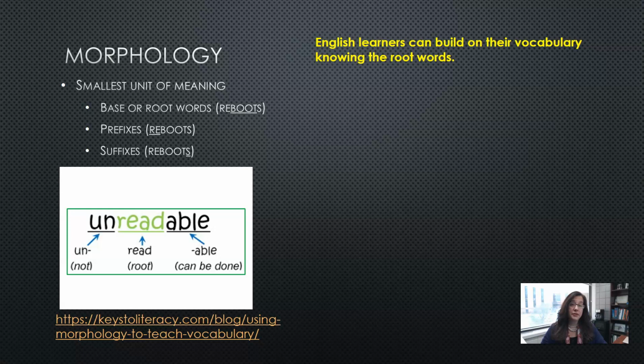English learners can build on their vocabulary knowing root words. So with the root words, they can really see how they can know multiple words just by building a knowledge base of their root words.